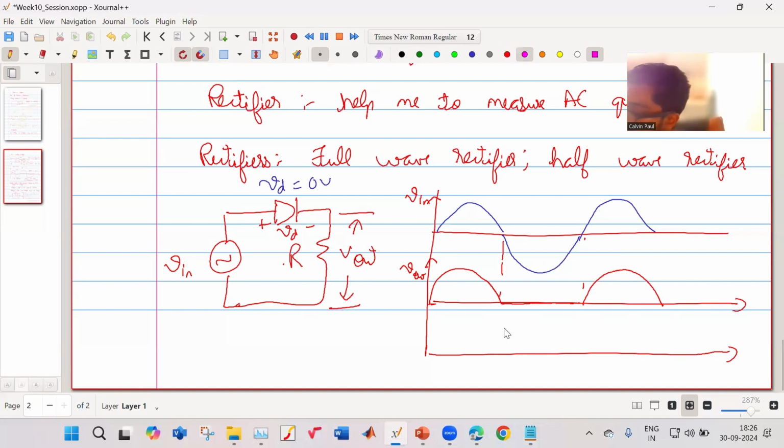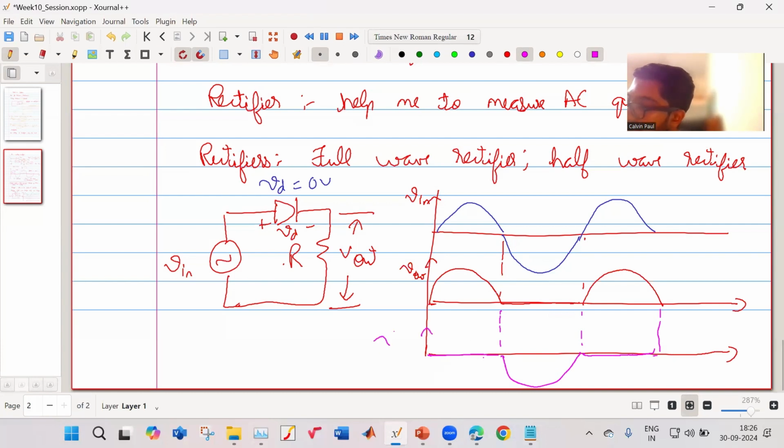So when the diode is conducting, the voltage drop is 0. Okay. And when it is not conducting, it will block the voltage. Yeah, threshold voltage, I consider threshold voltage is 0. And then it will be stuck like this when it is conducting.